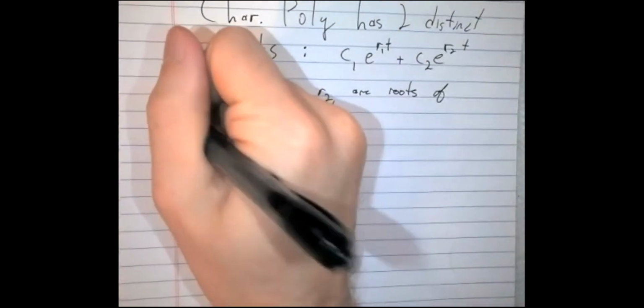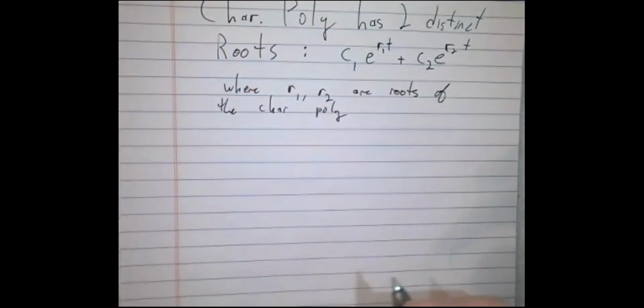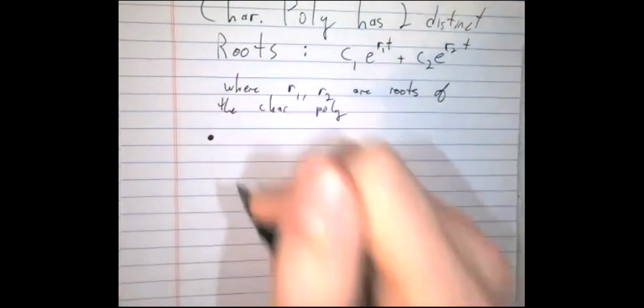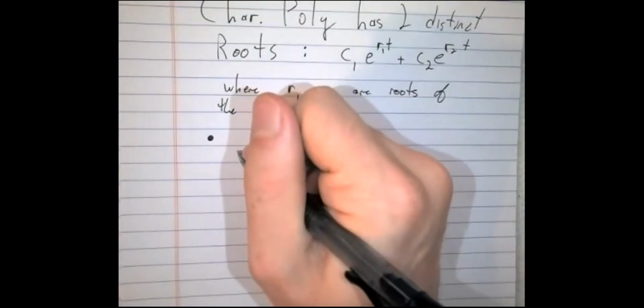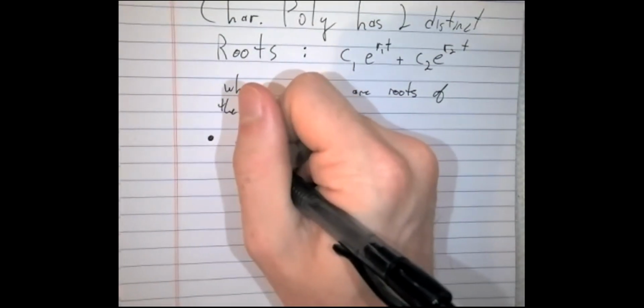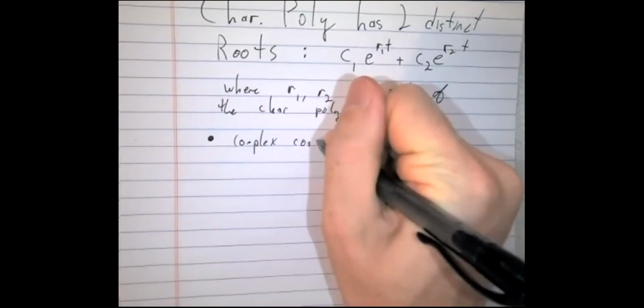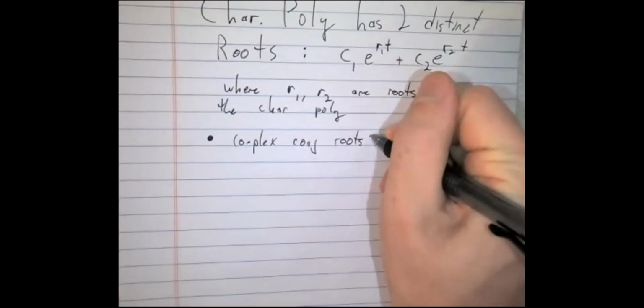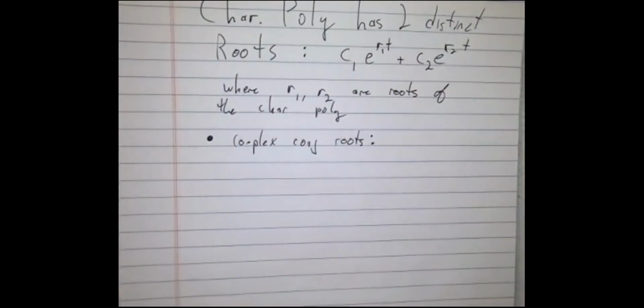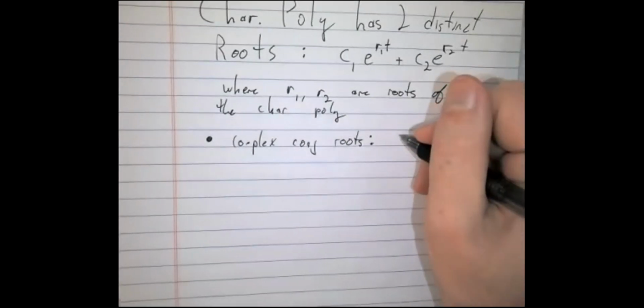Okay. So this is if the characteristic polynomial has two distinct roots. If the characteristic polynomial has complex conjugate roots, what is the answer? Using Euler's formula. Yeah, exactly.